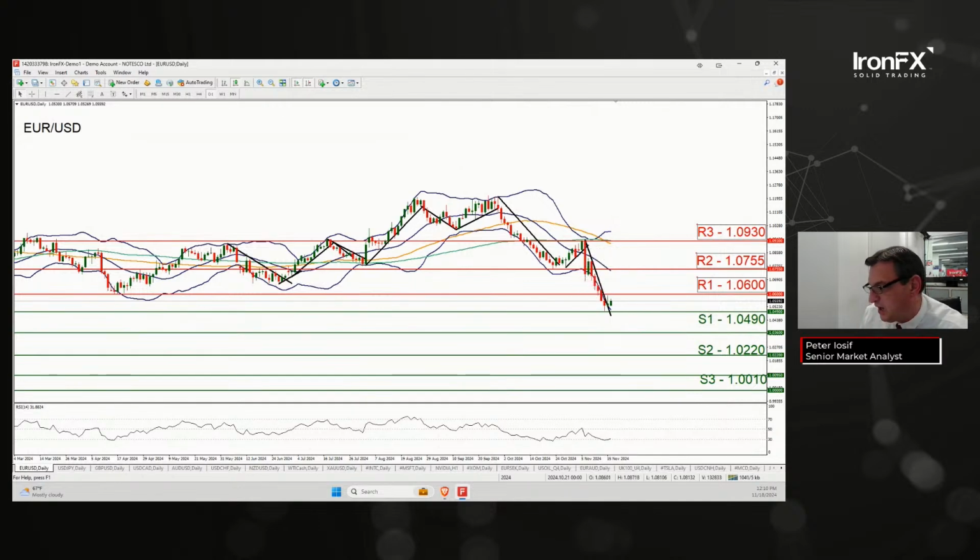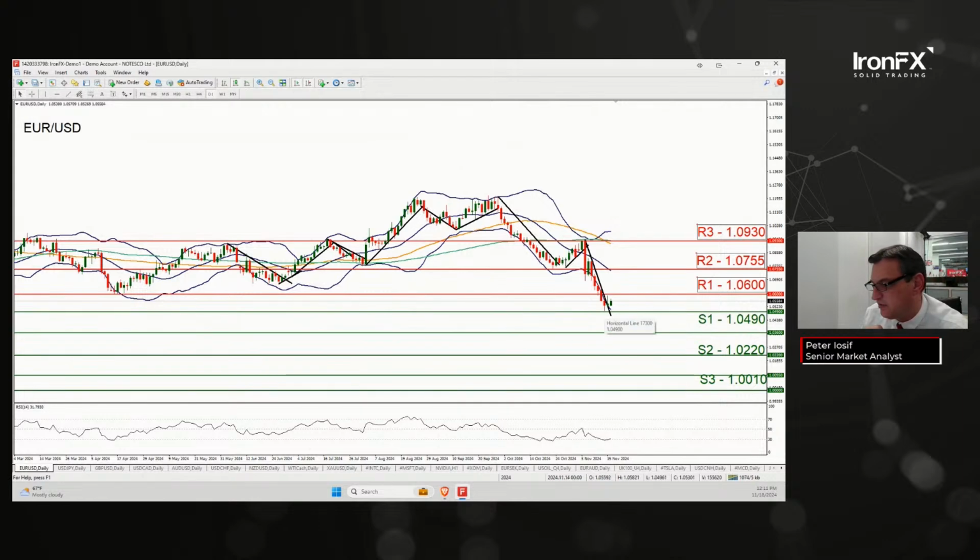While the R2 is based practically on a former support line, which, given that the price action has been breaking and has moved decisively lower, has been turned into a resistance line. Similar also for the R1. The S1 practically marks the low point.